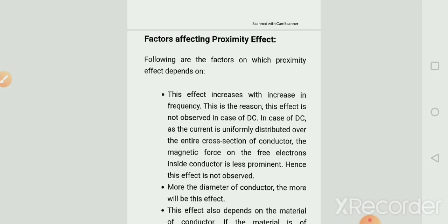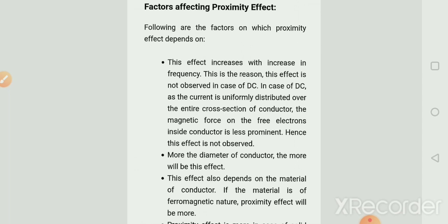Now which factors affect the proximity effect? These factors are, first, the increase in frequency. This is the reason this effect is not observed in the case of DC.